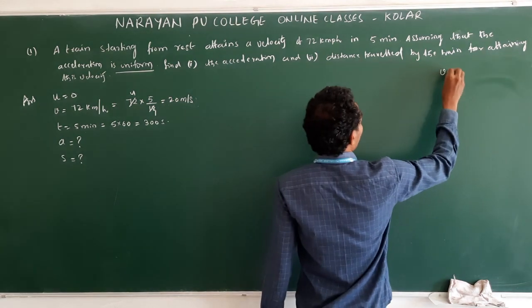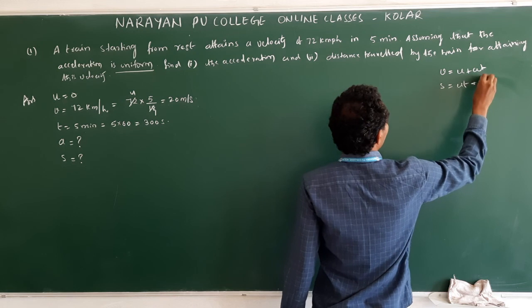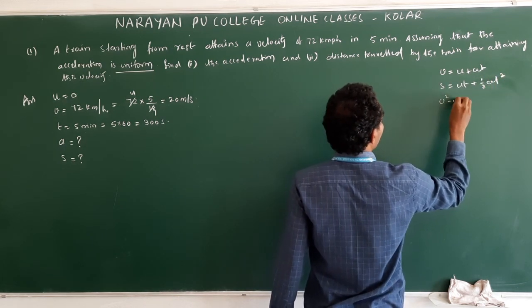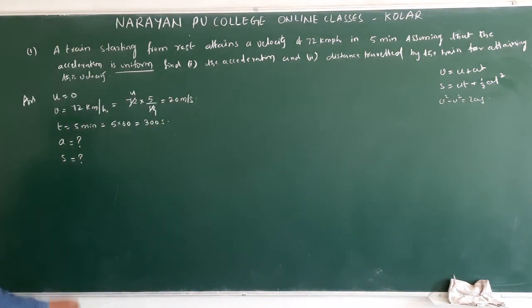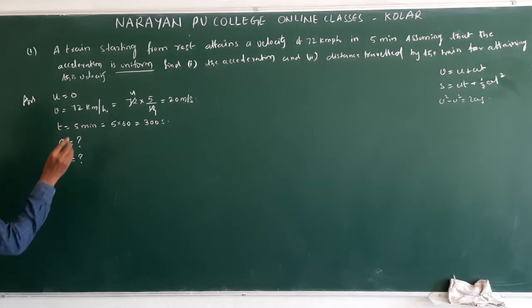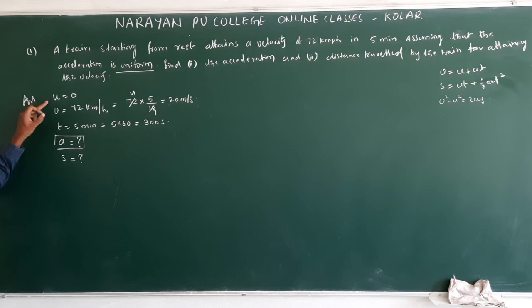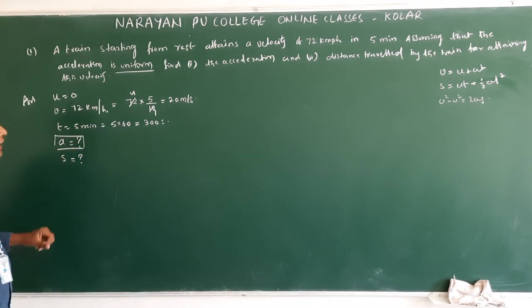Okay, we have three equations. What are they? v is equal to u plus at, s is equal to ut plus half at square, and v square minus u square is equal to 2as. So to find the first question, acceleration, we have the information u, v, t. To find a, we need to select the equation from the three.